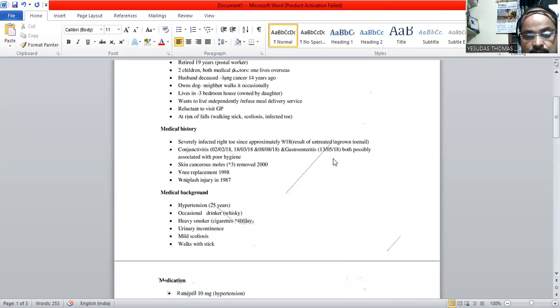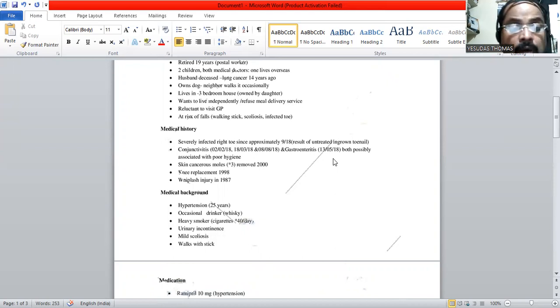Skin cancerous nodules were removed, so they don't have importance there. Knee replacement was in 1998. Now 20 years have passed, no problem. Whiplash injury was in 1987. So almost 30 years have passed, so we don't have that as a relevant thing there.